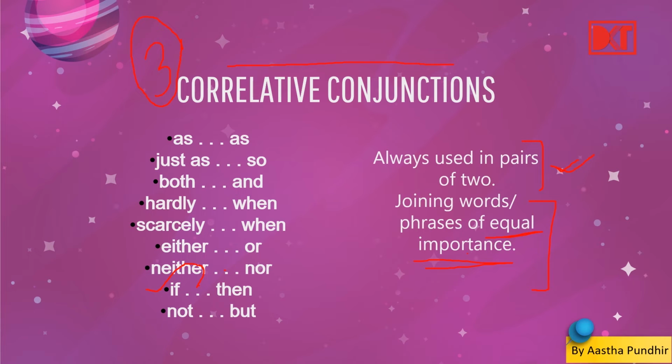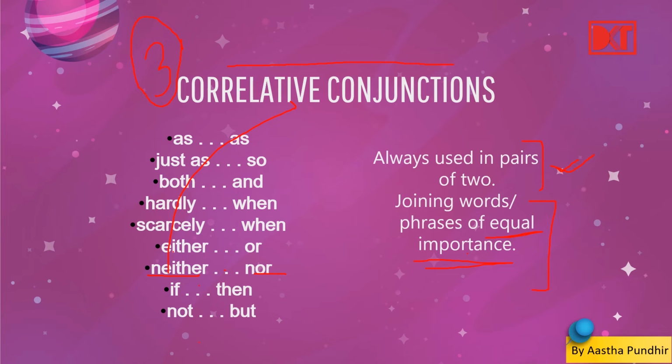If we take the example of neither nor, neither do I like swimming nor do I like cycling. Both are negative sentences, both phrases are of equal importance, that I don't like cycling as much and I don't like swimming as much. So neither do I like this nor do I like that. All right, so these are the correlative conjunctions.